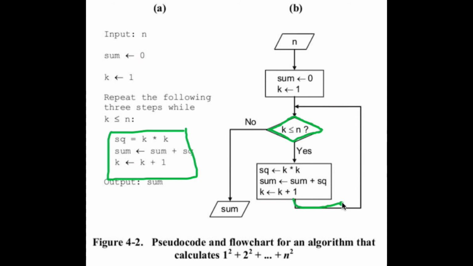We loop back to before the condition check, and again check the condition, and if it's true, again we do those things in the loop. Eventually, because we're increasing k, k will be greater than n, and at that time we go this way, and again we have this parallelogram indicating an input or an output, and we output the sum. Okay? So this translates very easily into computer code.